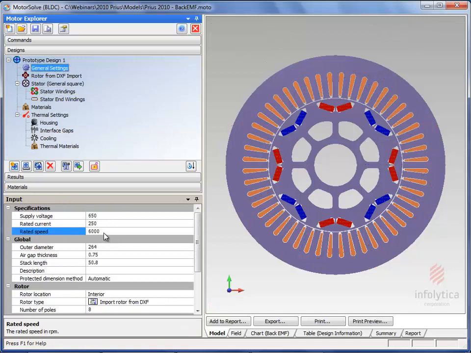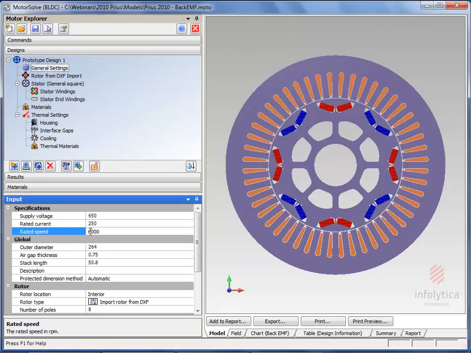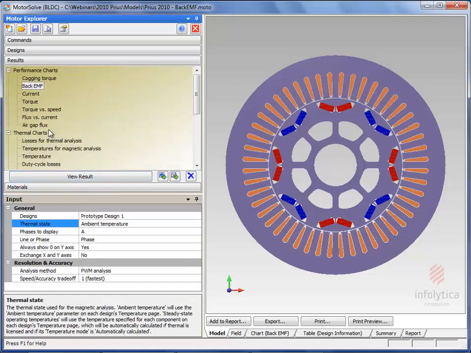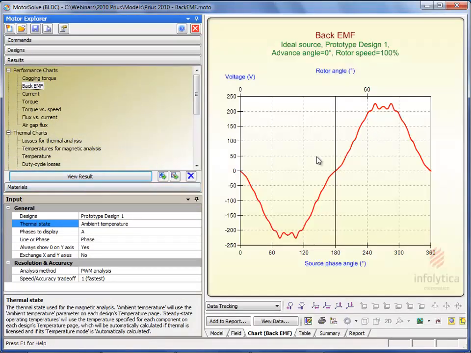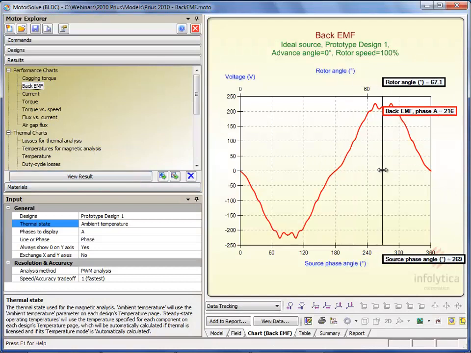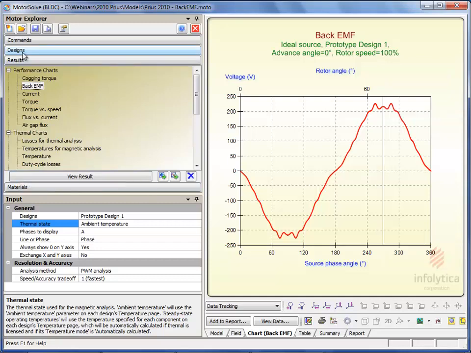That's consistent with the Oak Ridge National Lab data. If I toggle this to 4,000 and go back to my back EMF, you can see here that's about 215, 216 volts peak. That's consistent with 150 volts RMS.